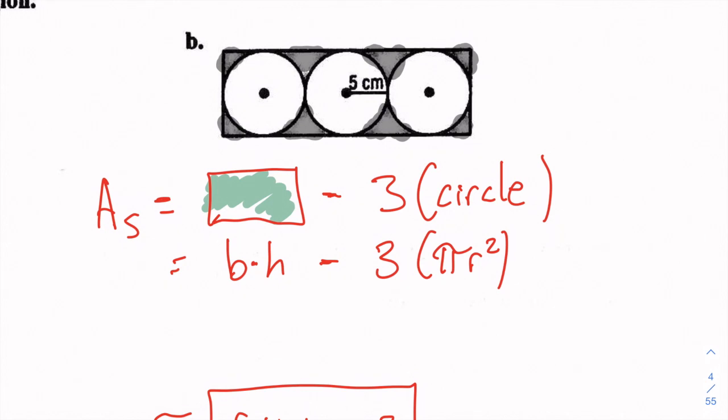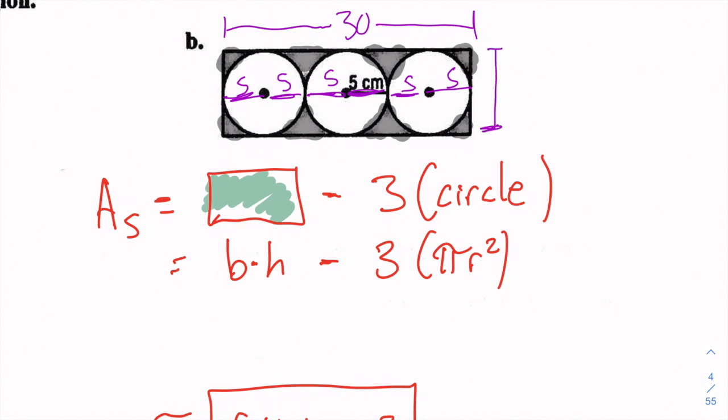Then we're gonna assume that these 3 circles are the same. So to quickly define the base, if the radius is 5, this is 5, this is 5, this is 5, right? All of this is 5, which means this whole base is 30. And the height, same idea, the height is just going to be 10, right?